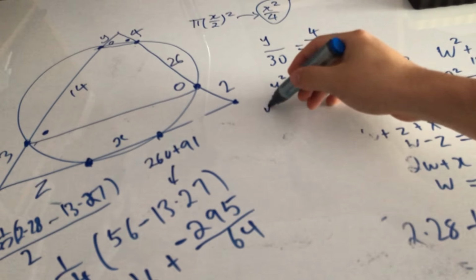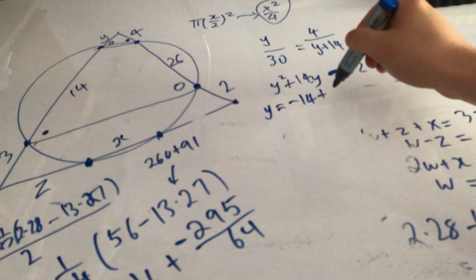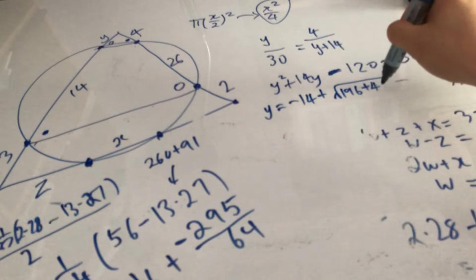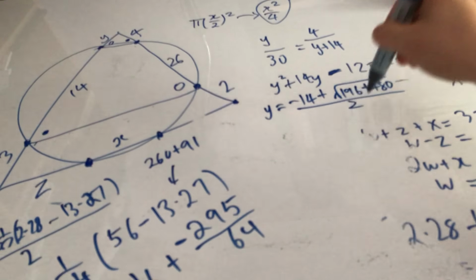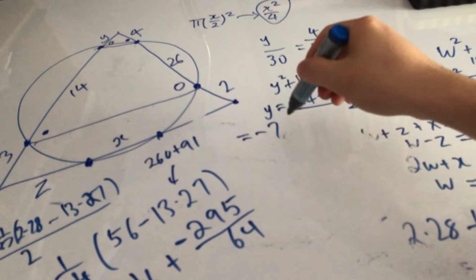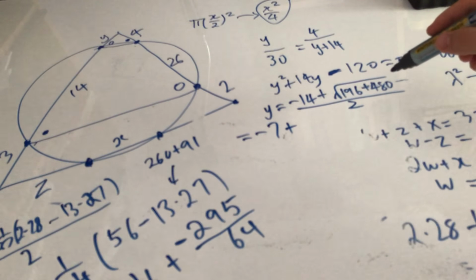So y equals minus 14 plus the square root of 196 plus 480, all on 2. You can write minus 7 plus, I'm going to divide by 4 inside the square root.